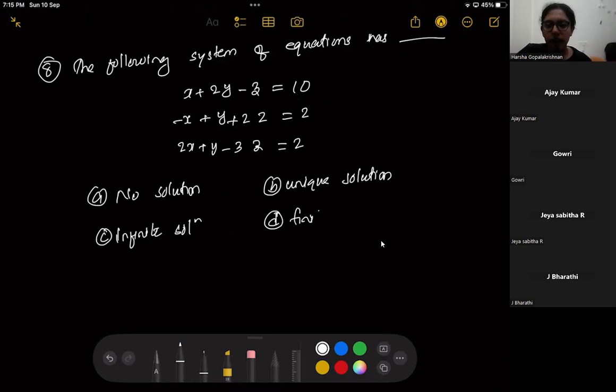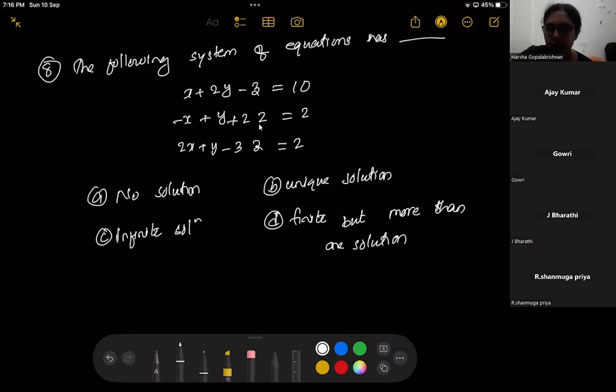So how will we start? Here we have a system of 3 equations in 3 variables x, y, and z. How will we proceed?